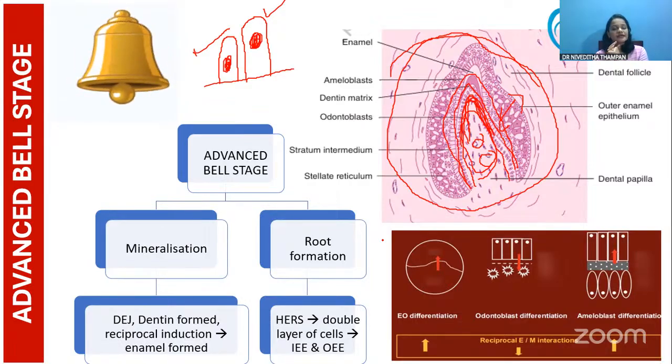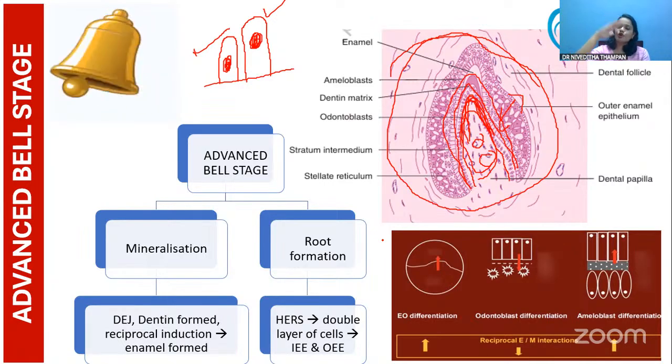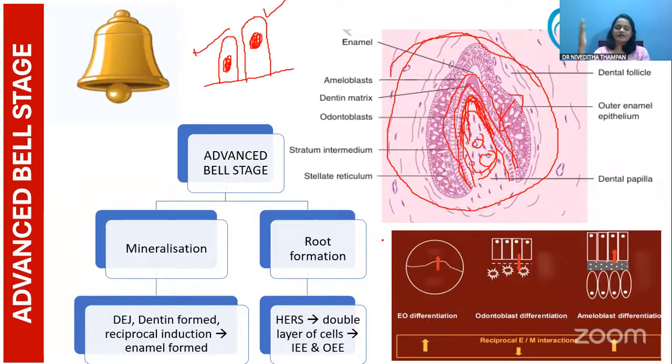So how can they get nutrition? The stellate reticulum cells collapse, and the distance between the dental sac and the inner enamel epithelial cells is reduced. Once the stellate reticulum collapses, the blood vessels come in, and the distance between them and the inner enamel epithelial cells becomes very small, so it is easy to give nutrition to them.